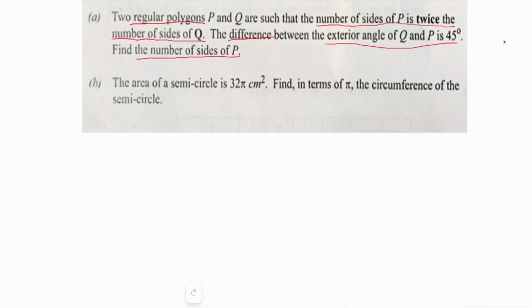And we'll combine that with the relationship between the two, because the problem says that the number of sides of P is twice the number of sides of Q. So that means that if the number of sides of Q is n, then the number of sides of P will be 2n. Let me just write that quickly.